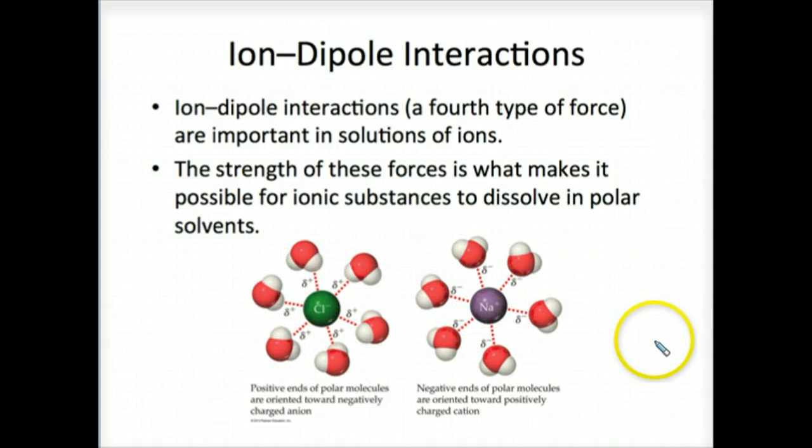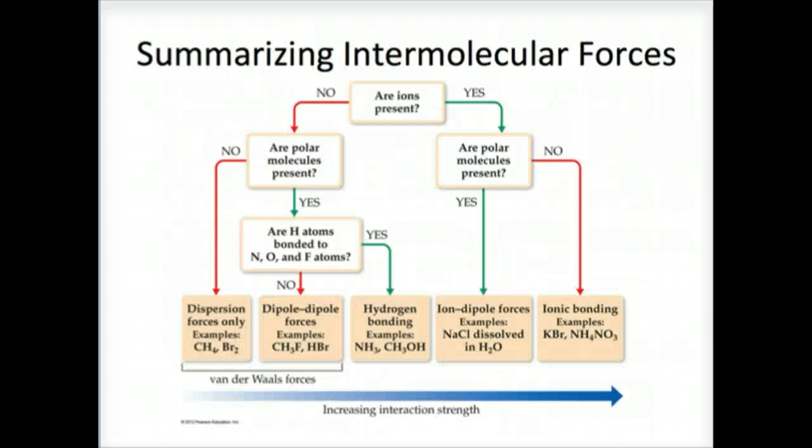That interaction is strong enough that literally it can pull it out of its ionic compound, out of that crystal lattice, and dissolve. And this is why almost all ionic compounds do dissolve. Now, the figure, the flowchart, is really nice for determining which intermolecular force is occurring. I would definitely copy this into your notes.